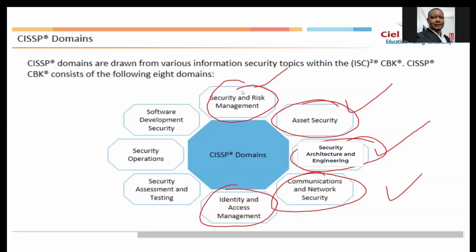For example, put my username and password, and then maybe in some cases, biometrics, maybe fingerprint or face scan as the case may be. So this is basically what identity and access management talks about, ensuring that you're the right entity and then that only the right entity can have access to assets that we have within the organization.